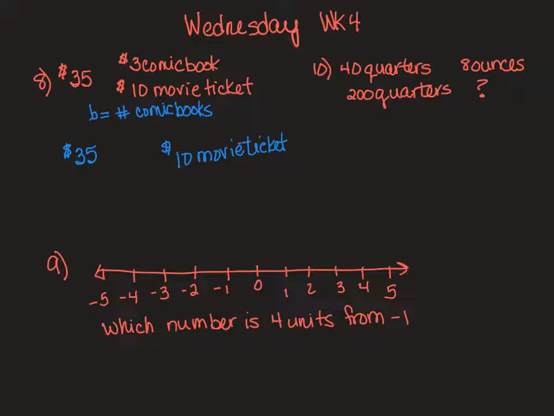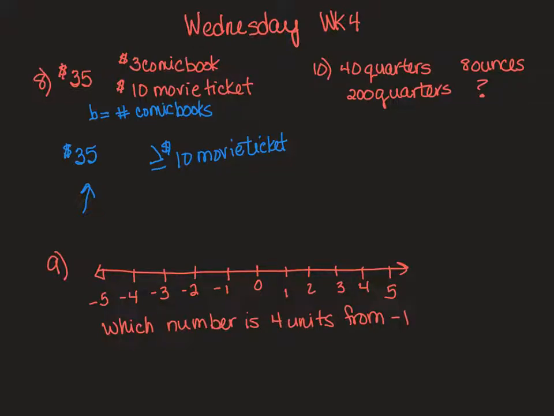And so I want whatever's left on this side to be, it could be equal to, but I need to have at least more than or equal to $10. I can't have less than $10 because if I have less than $10, I cannot buy that movie ticket.